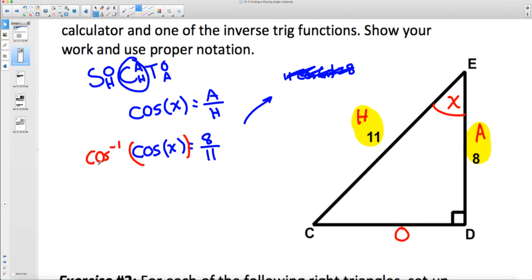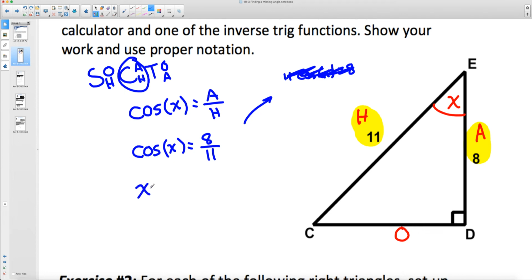That will eliminate the cosine function. But what we do to one side, we have to do to the other side, so we'd do cosine inverse of this 8/11ths. You don't need to write that every time. Basically, we're going to do the inverse of both sides.